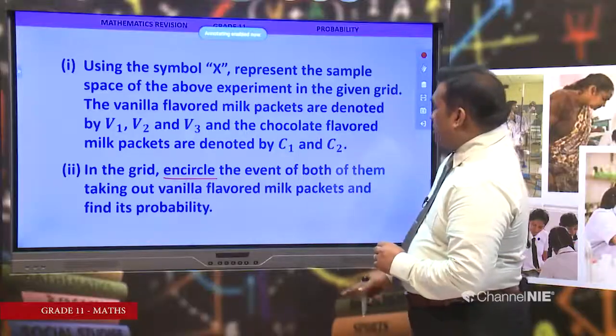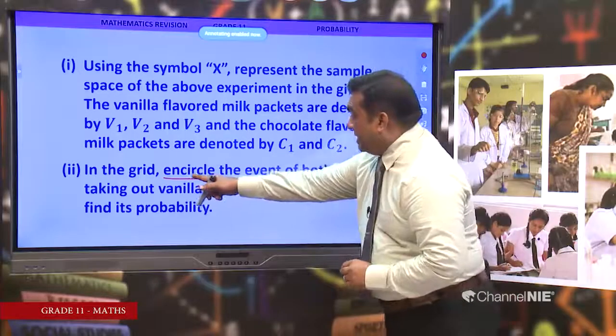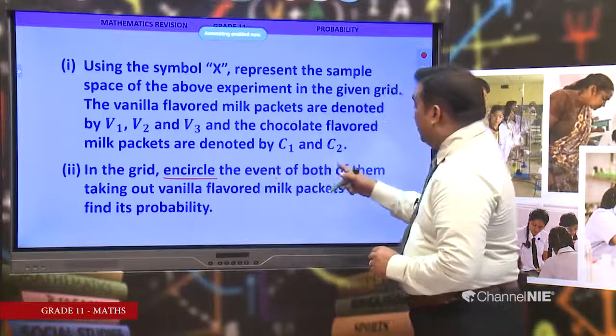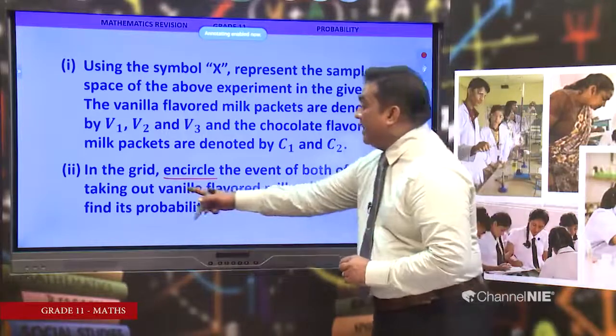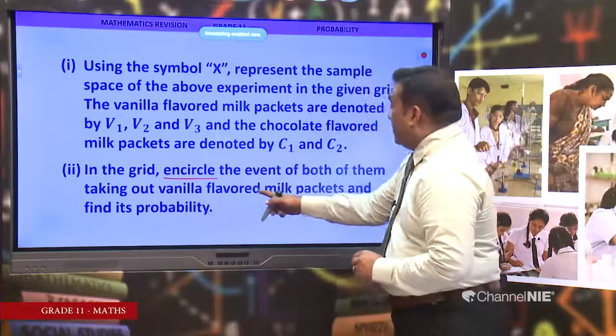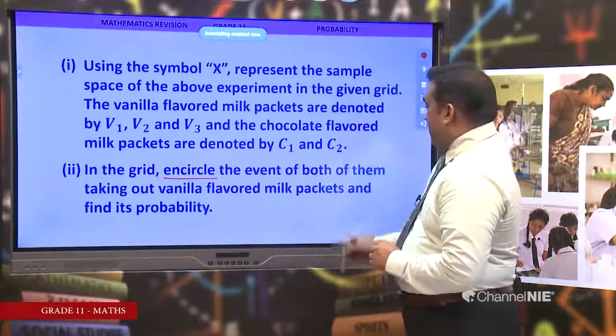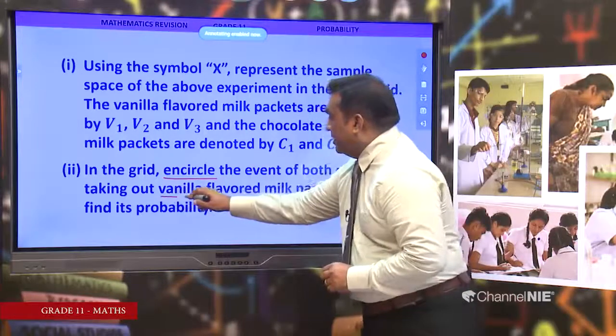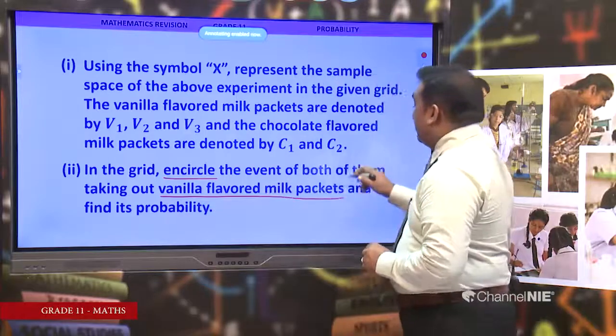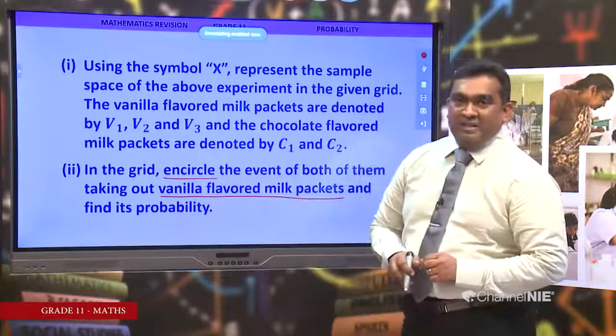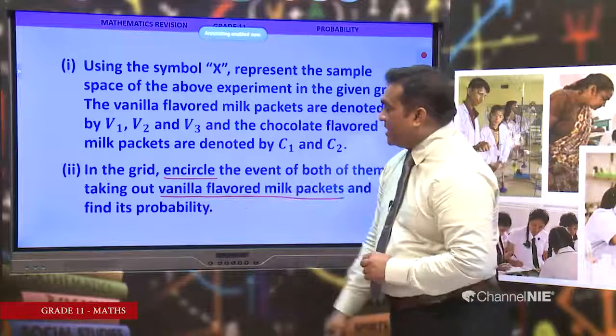Try to understand the question. This is the given condition of the event, and find its probability.